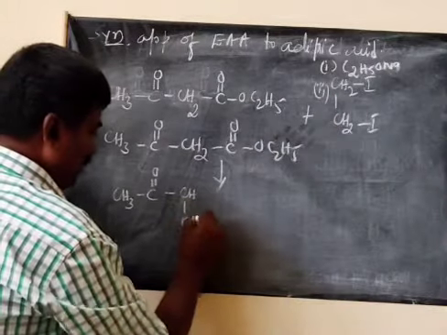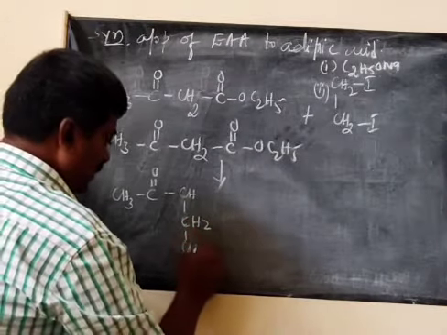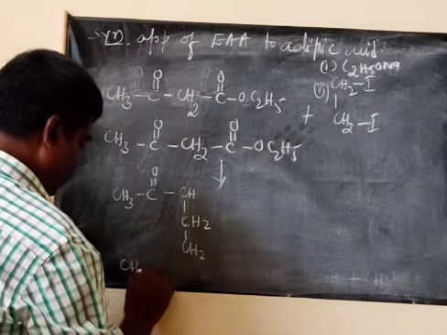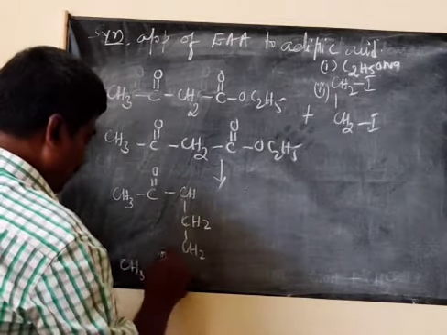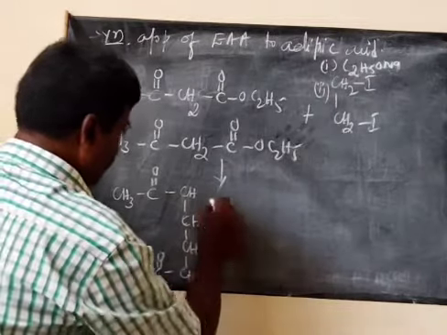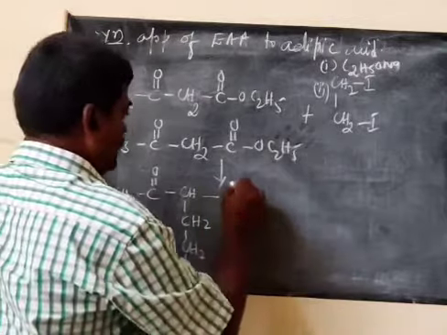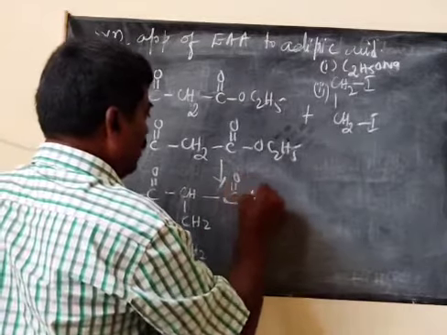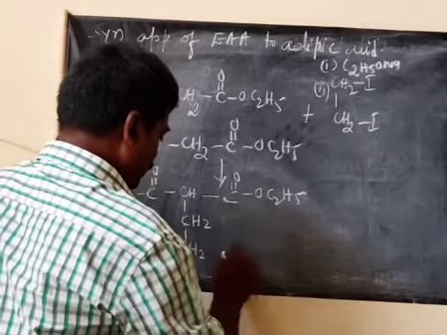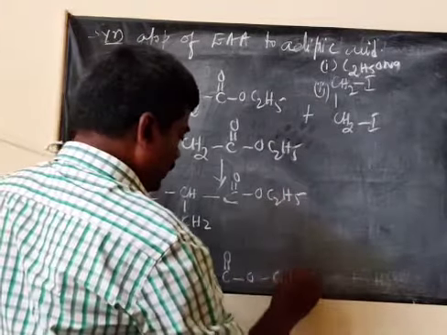See what happens: CH3 C=O CH, then CH2 CH2, then CH, C=O OC2H5, C=O OC2H5.